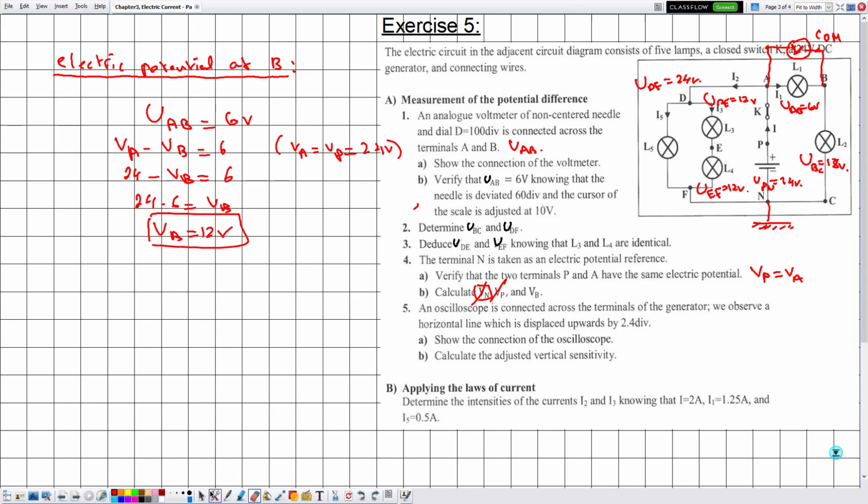Now in part 5 they are telling me an oscilloscope is connected across the terminals of the generator. We observe a horizontal line which is displaced upward. This is important, by 2.4 volts. Show the connection of the oscilloscope.